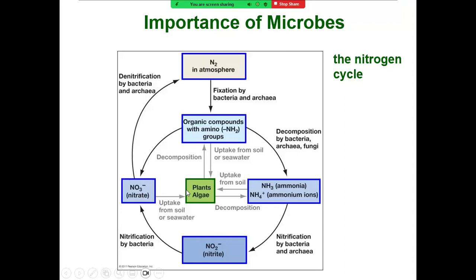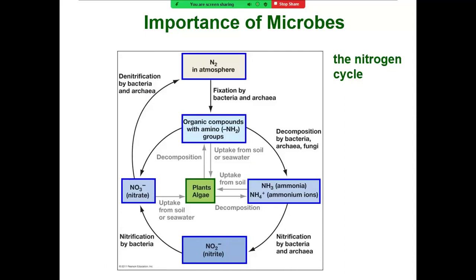And then when the green plant dies, most of that will be broken down by decomposition, by bacteria and archaea, once again into ammonia and ammonium, which can be converted into nitrite, converted into nitrate, and then some nitrate can be denitrified into nitrogen gas and released into the atmosphere by bacteria and archaea.